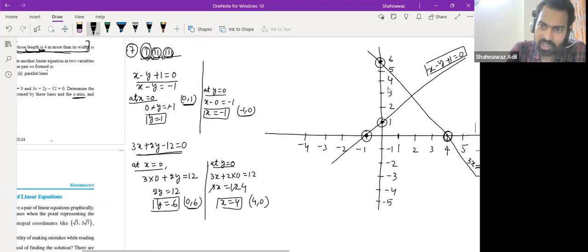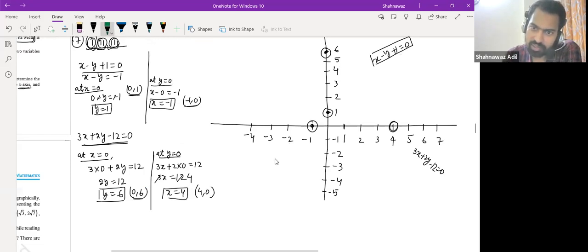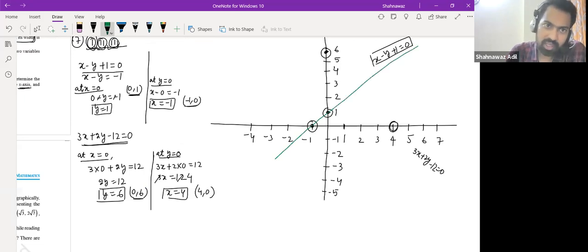So let's say this is the first line, okay, and let's say this is the second line, okay, and the third line is what?